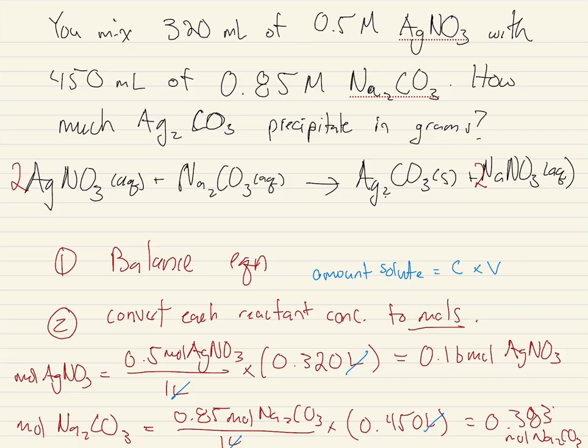Right, so what do we do once we have our moles of reactants now? If we use the molar mass here, what would we convert these into? Grams, right? Grams of what? Of the solute, right? We would get grams of solute. And what are we trying to find grams of? Of the product side of the reaction, the precipitate, right?